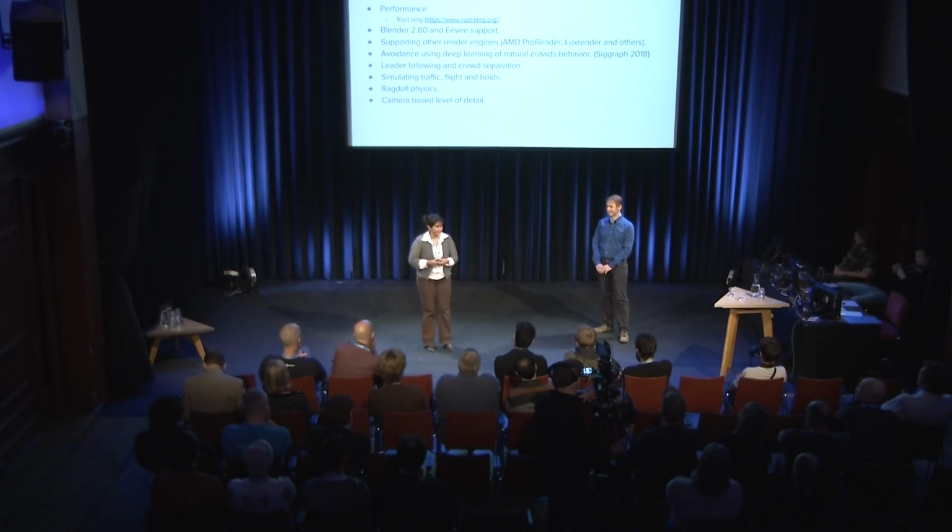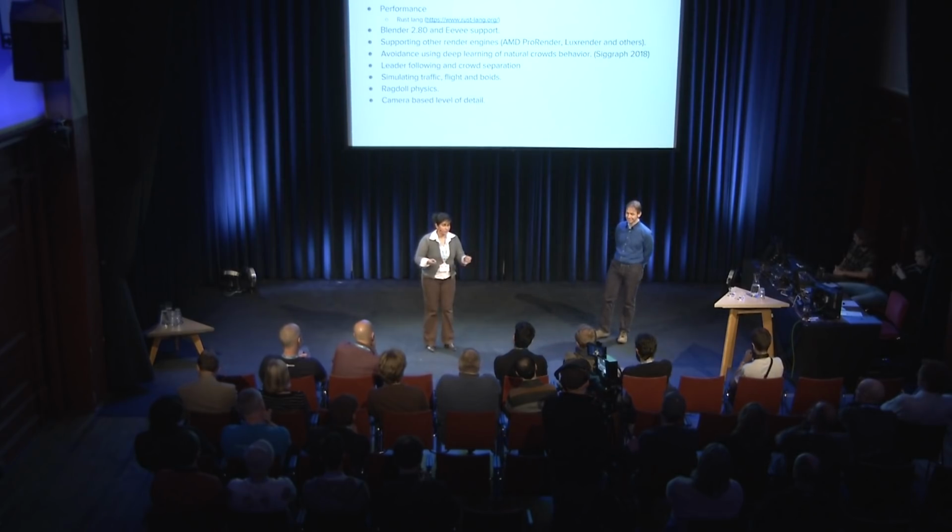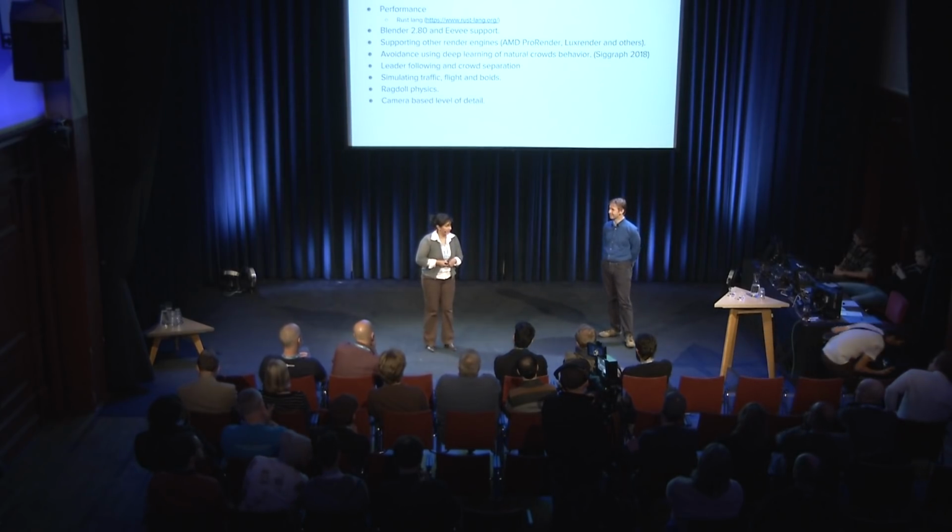We're going to work on Blender 2.8 and Eevee support, trying to also support a bit more render engines. Looking into a new collision avoidance algorithm that was presented at SIGGRAPH, which uses more a deep learning of neural networks. So that's really interesting.